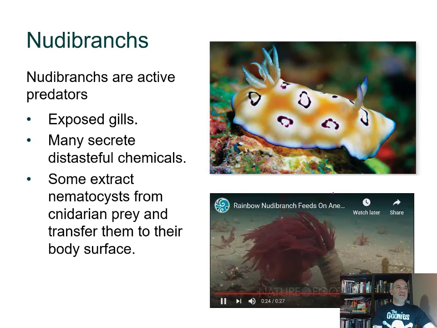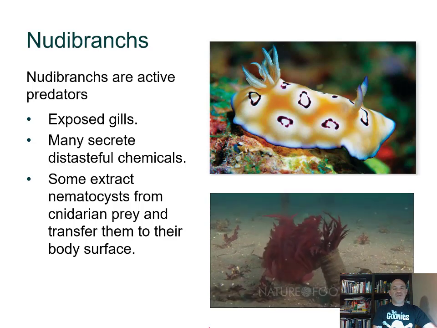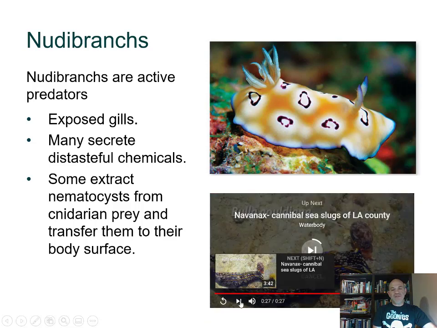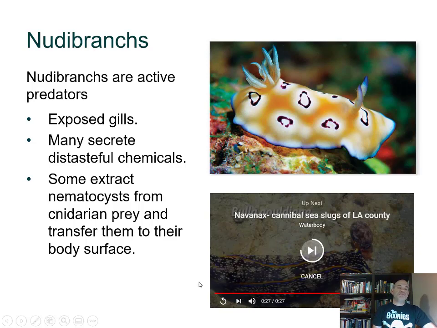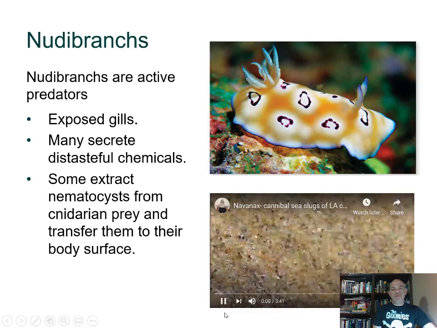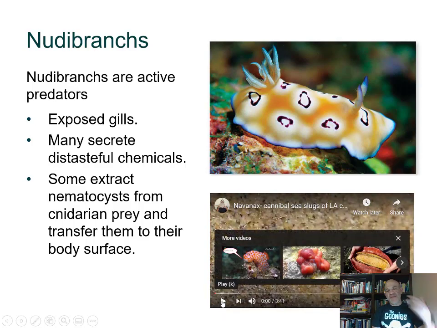You might recall sea anemones have those stinging cells called nematocysts, or we also call them cnidocytes, right? Well, these animals are not affected by it, and they're able to move those stinging cells towards their surface, and then they can use them for their own defense.